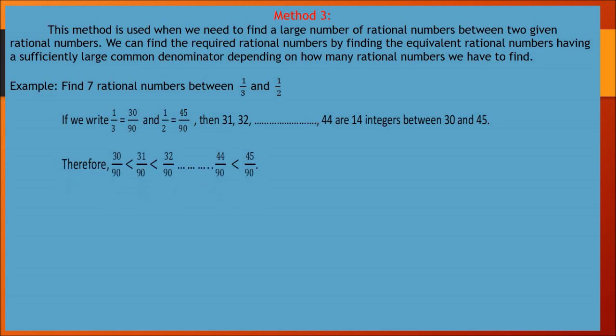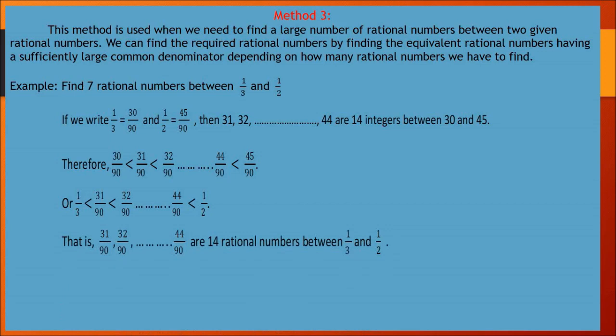Therefore, 30/90 is less than 31/90, less than 32/90, and so on up to 45/90. When we reduce 30/90, we can write it as 1/3, and in the same way 45/90 we can reduce as 1/2. So we can see that 31/90, 32/90, and so on up to 44/90 are 14 rational numbers between 1/3 and 1/2.